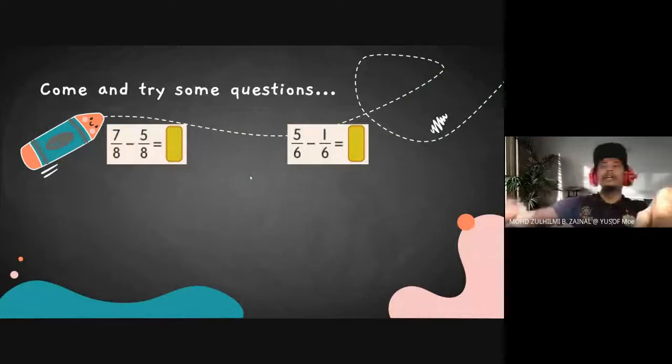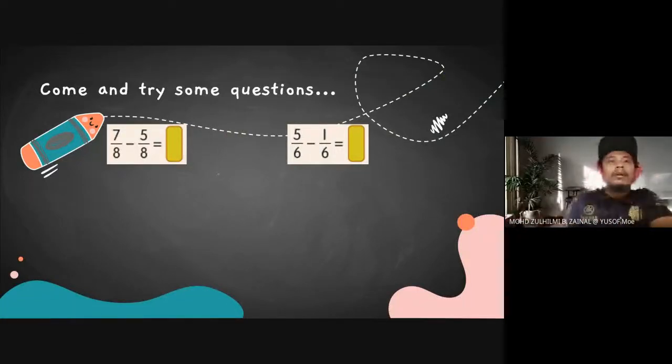Accidentally, no problem. Alright, so the first one, 7/8 minus 5/8. This one is very easy. The first tip is you have to find the same denominator.